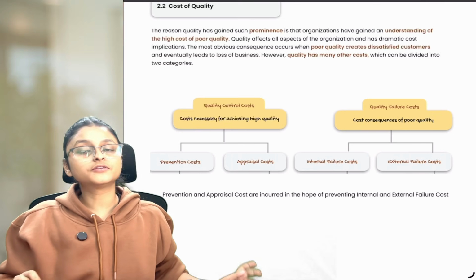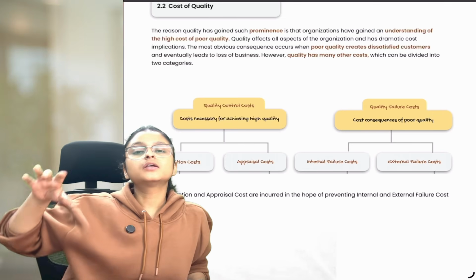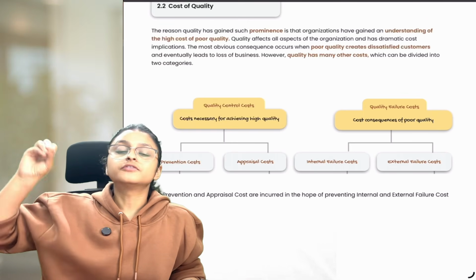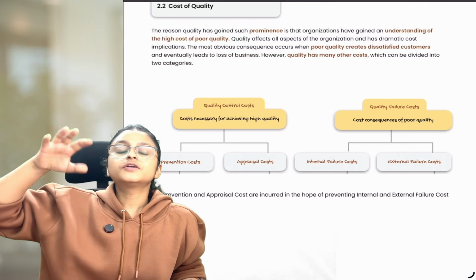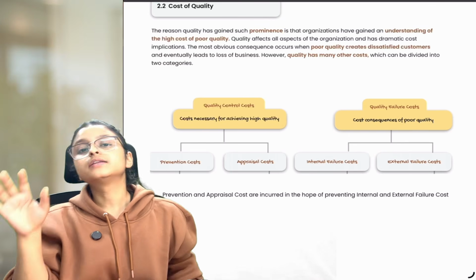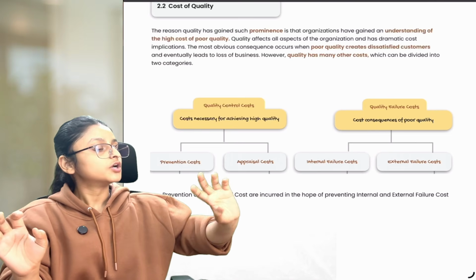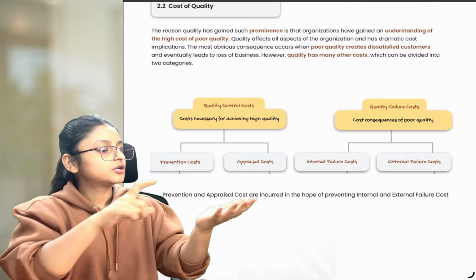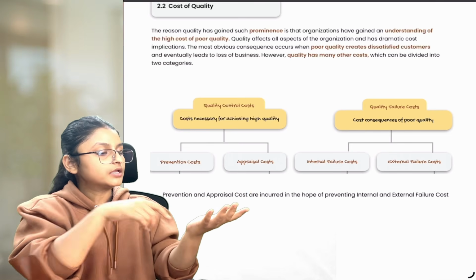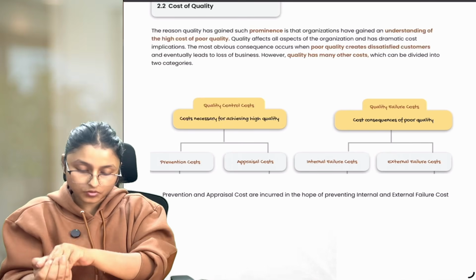Even if you are preventing it, there can be situations where failure is there, where defective products are there. So we are bifurcating the cost of quality on the basis of what cost you incur to achieve high quality and what cost you incur if there is any failure of quality.